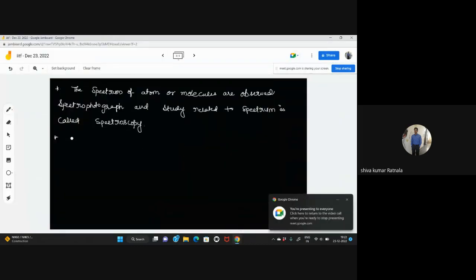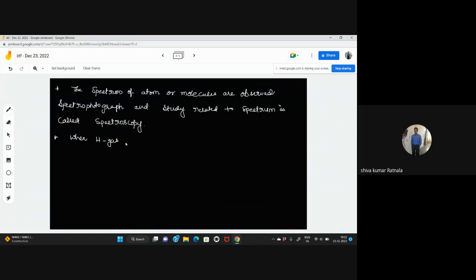Now see, when hydrogen gas is observed in a spectrophotometer, we observe its behavior, and it contains different series of spectral lines.